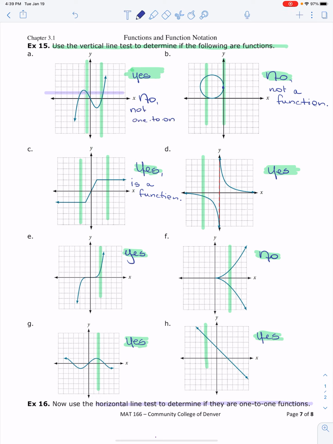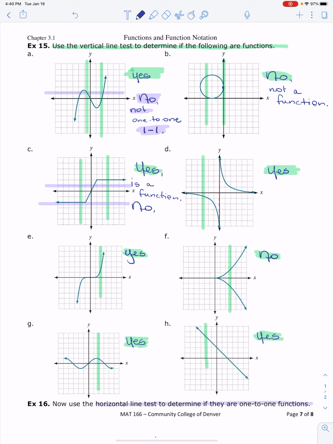And since mathematicians are inherently lazy and we don't like writing one-to-one out all the time, you're going to see it this way. 1-1, one-to-one. B is not a function, so it can't be a one-to-one function. C. If I draw a line right here, it only crosses once. But if I draw my line right here, it's going to cross infinitely many times.